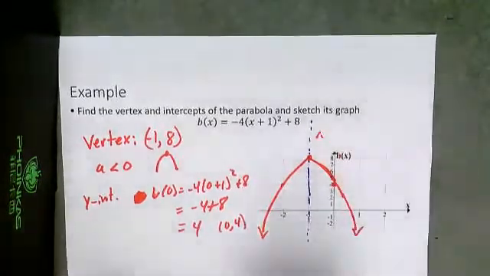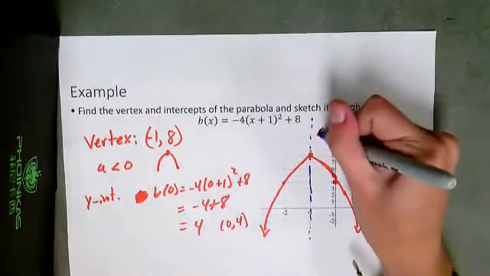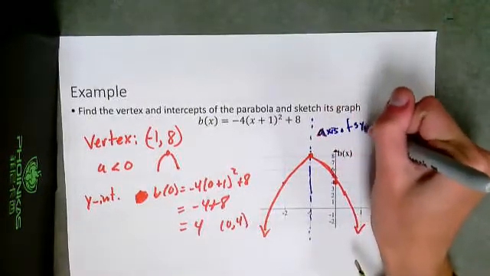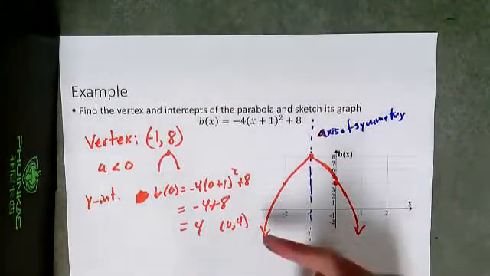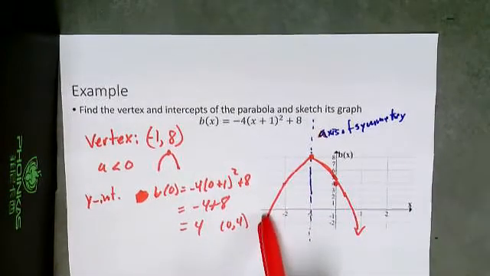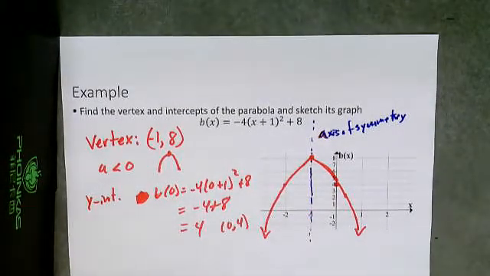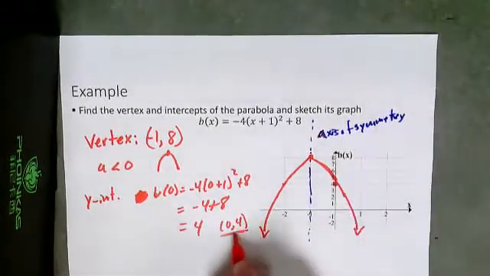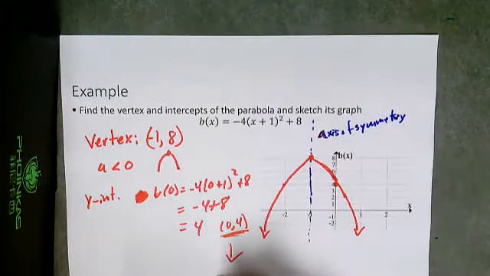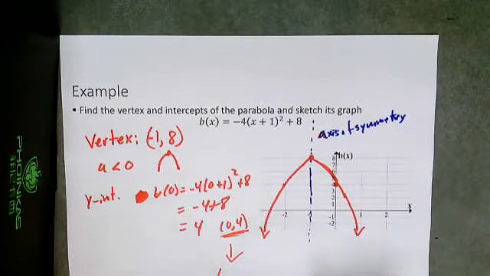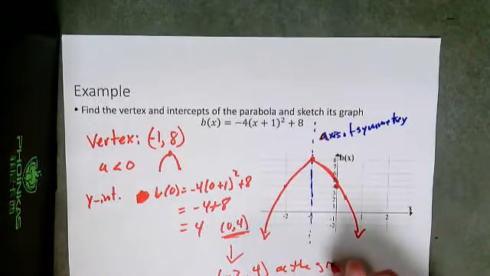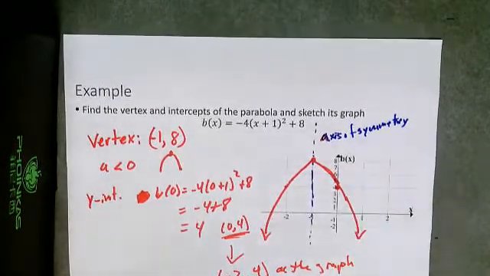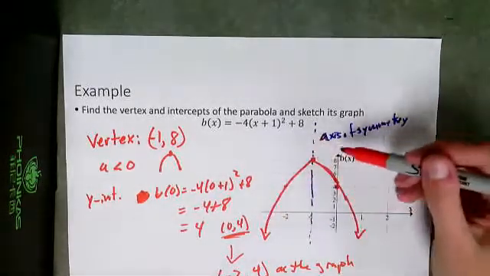So instead of plugging in another point, say -3 or -2 for x and evaluating, because we know this point is on the graph, we also know that the point -2, 4 is on the graph, because parabolas are symmetric around this axis of symmetry.